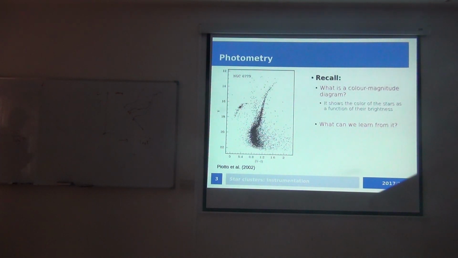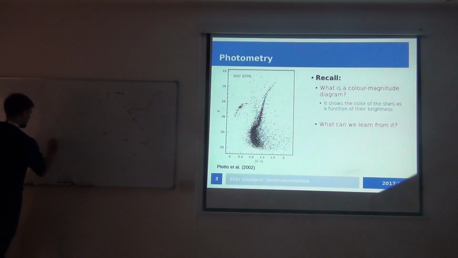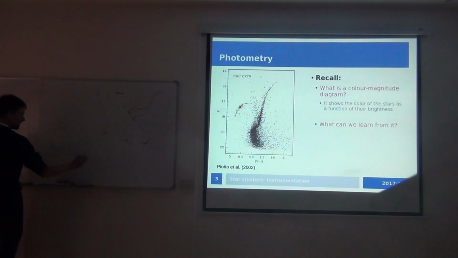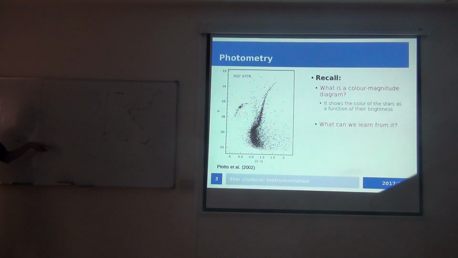Now, what you usually do is, if we look at some spectra, where we have wavelength and the flux of a star, then a blue star, a hot star, a star with a high temperature, looks like this.